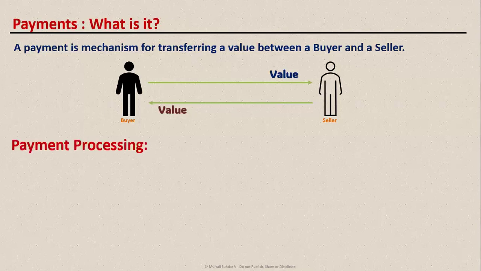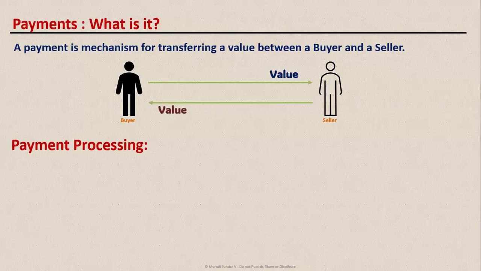So when we go next to payment processing, this is where we talk about online payments. I'm sure I don't have to explain online payments, because we are all doing a lot of them using Google Pay, UPI payments, net banking, phone banking, whatever it is.